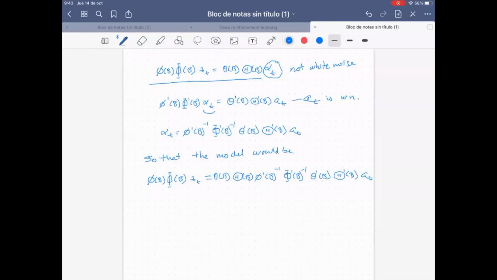Then from there, I can express alpha t as the inverse of the AR polynomial times the non-seasonal moving average polynomial and the seasonal moving average polynomial, times a t, which is white noise. So the full model would be this one.